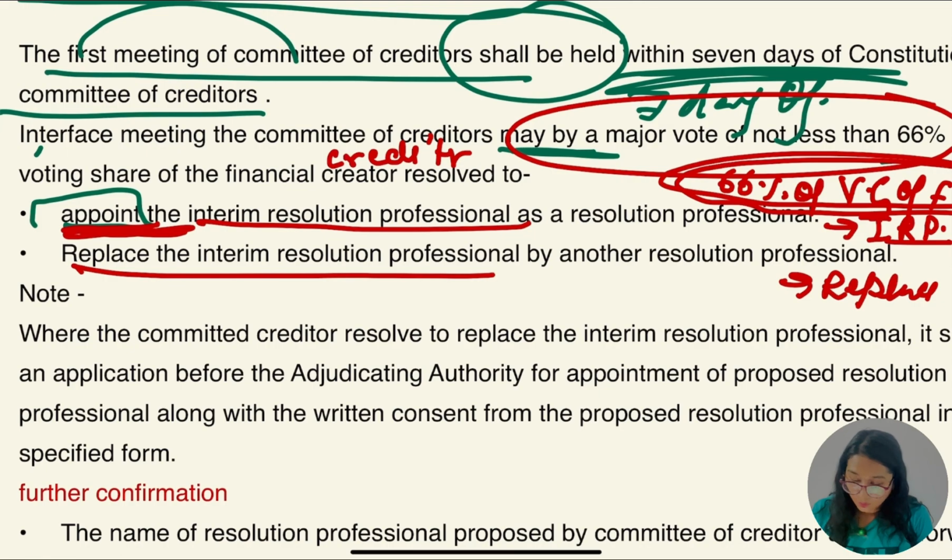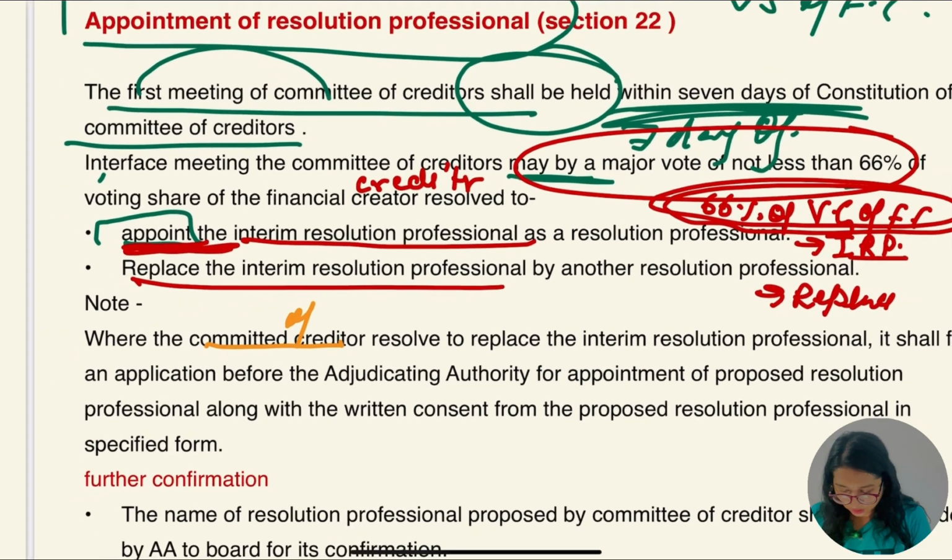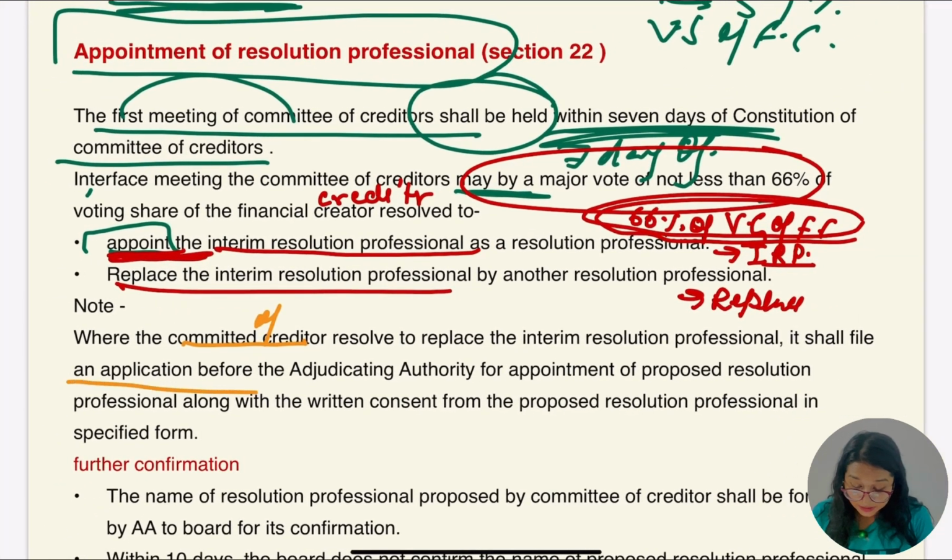Note, where the COC, the committee of creditors, resolves to replace the interim resolution professional, it shall file an application to the AA. Once they have appointed that person, they have to file the application to the AA, and further the AA is going to give that information to the board.